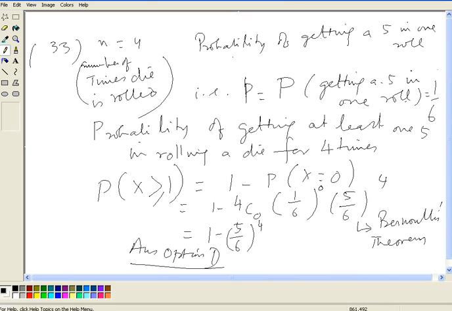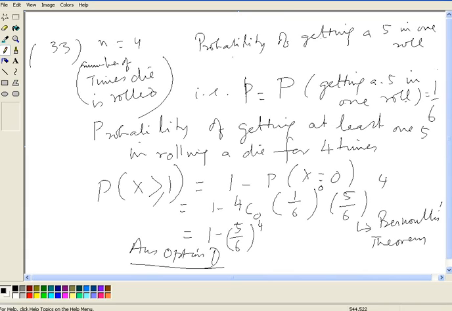So that is given by Bernoulli's theorem, which says 4C r into 1 by 6 whole power r into 5 by 6 whole power n minus r. So in this case it is 1 minus, since none of the 4 times do you get a 5, 4C 0 into 1 by 6 whole power 0 into 5 by 6 whole power 4.